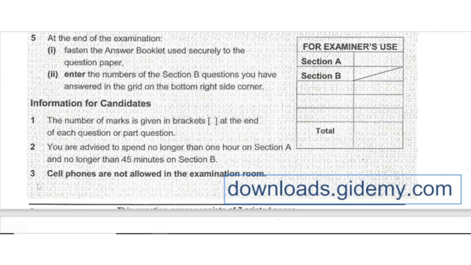Cell phones are not allowed in the examination room. So please don't go with a cell phone. Make sure that you just go with the pen and paper, the pencil and the rubber. In biology, they may ask you to draw something, so you need to go with a pencil and the rubber. Maybe you also take a ruler.